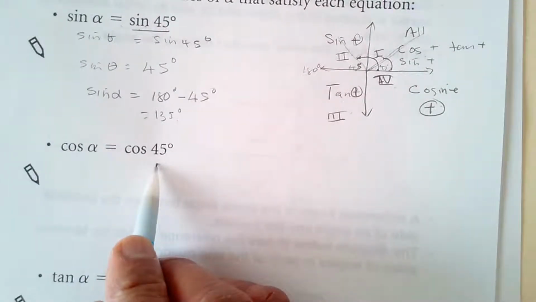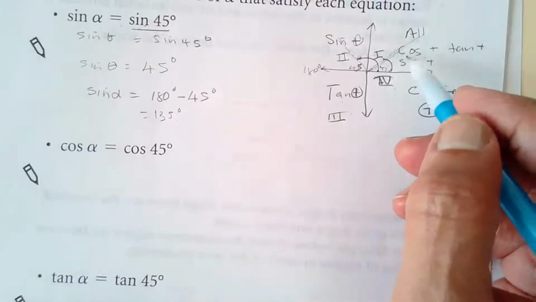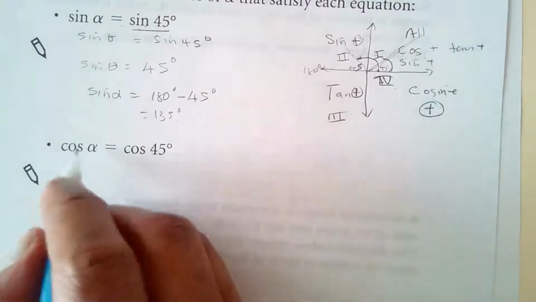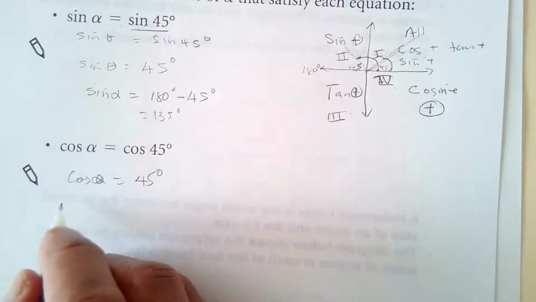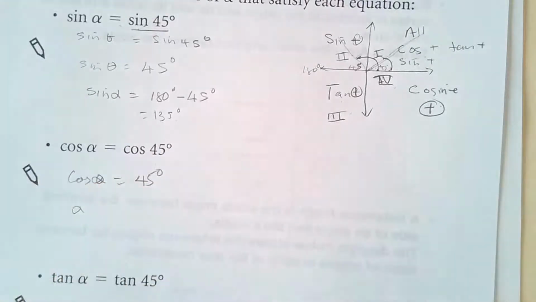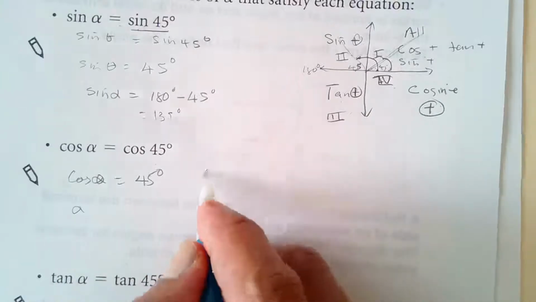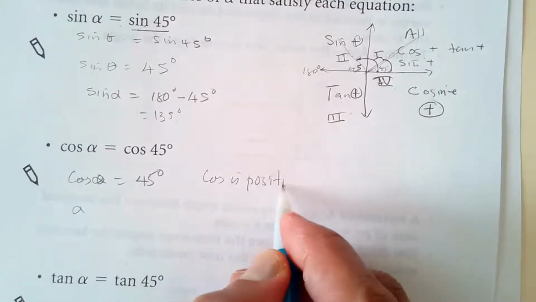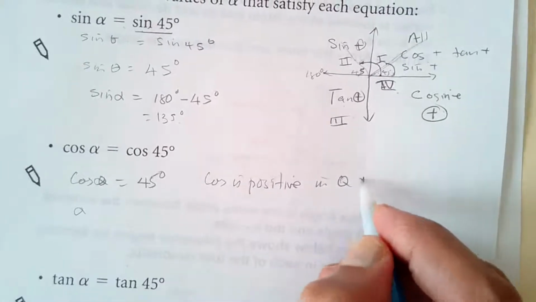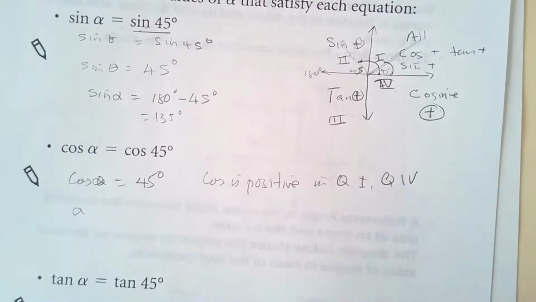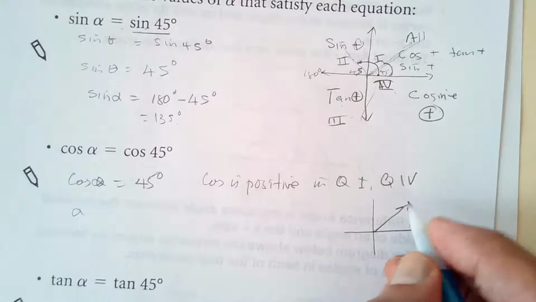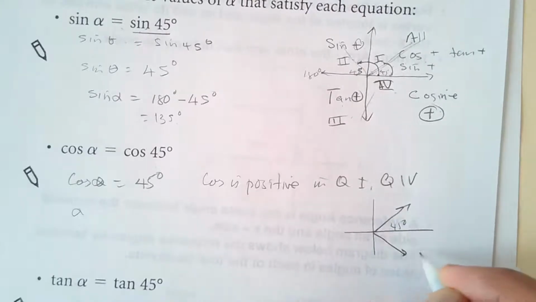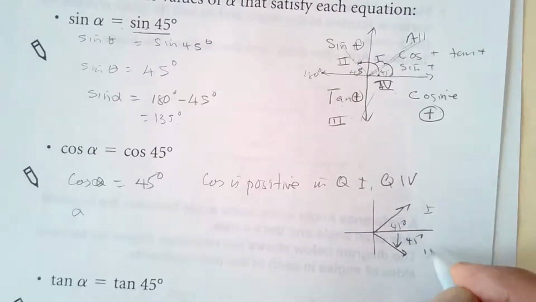Now cos alpha equals cos 45 degrees. Cosine is positive in quadrant 1 and quadrant 4.